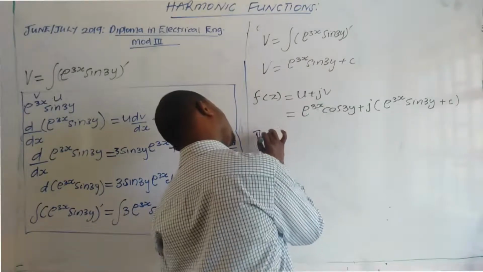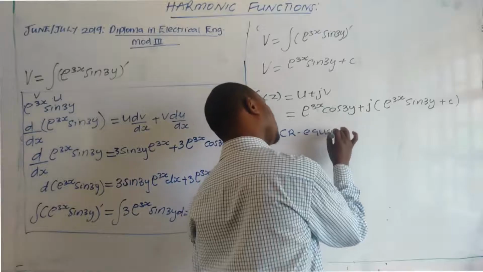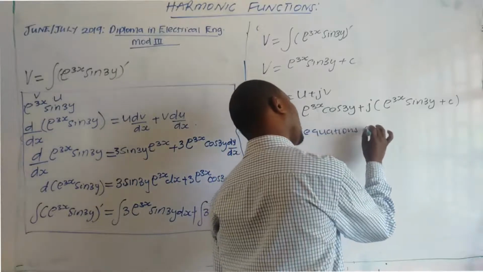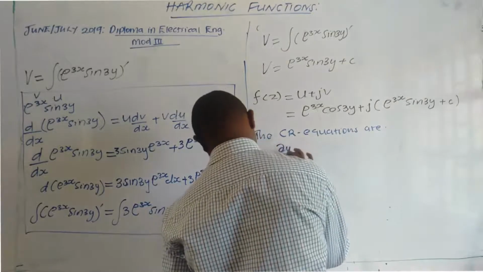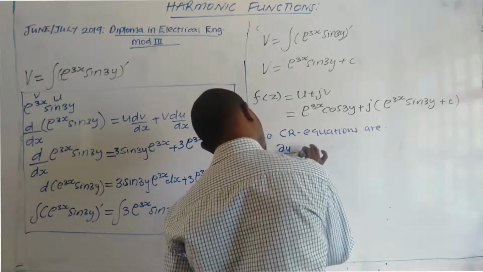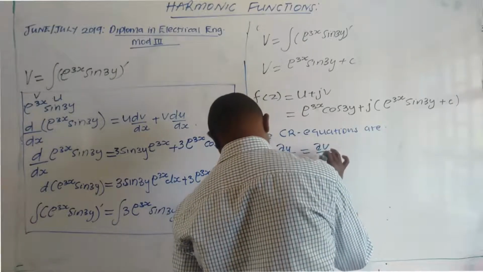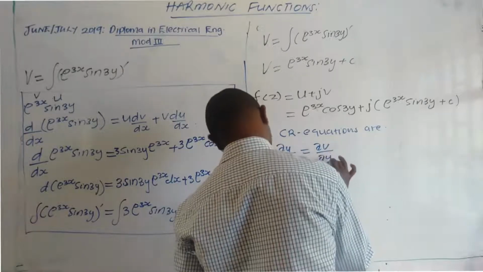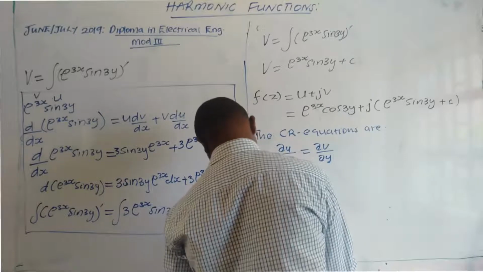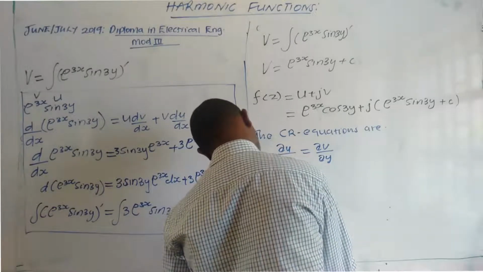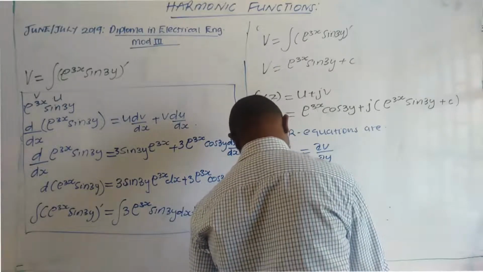The CR equations are: partial derivative of u with respect to x is equal to partial derivative of v with respect to y, and partial derivative of v with respect to x is equal to negative partial derivative of u with respect to y.